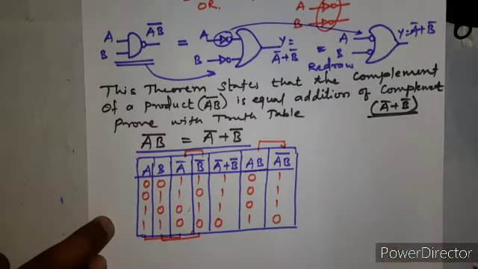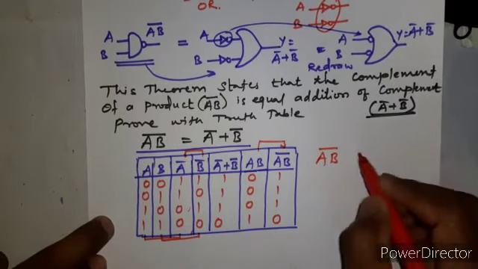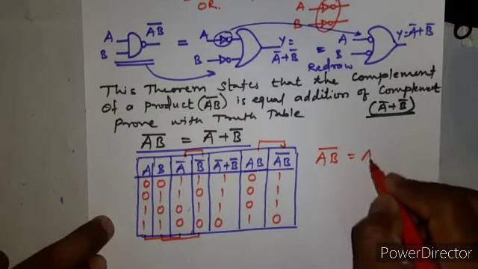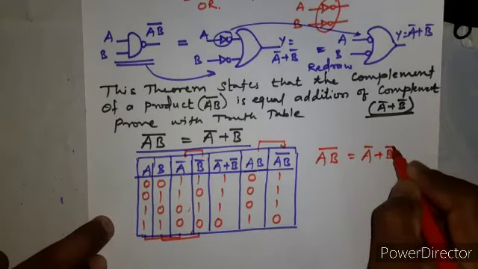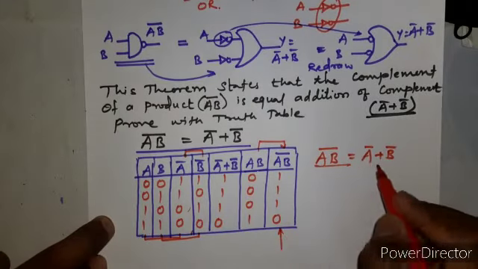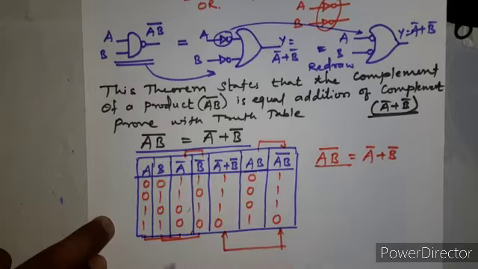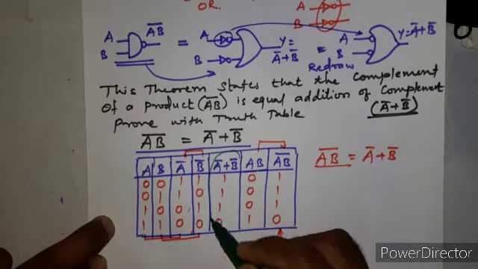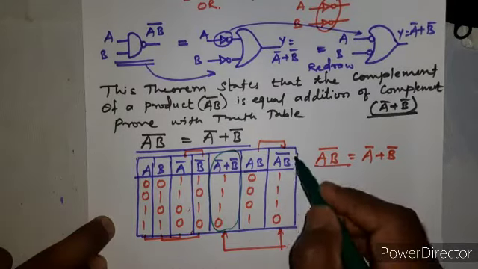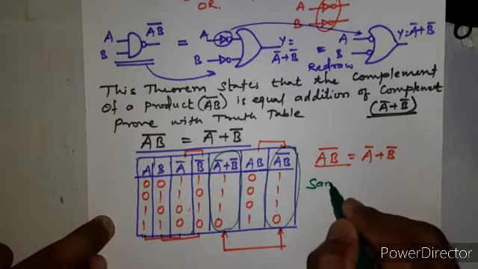Now we just have to see whether we have got the same entries for this AB whole bar column and this A bar plus B bar column, right? So where is AB whole bar? This one. And where is A bar plus B bar? This one. So do we have the same entries here? Let me see. Yes, the same entries.